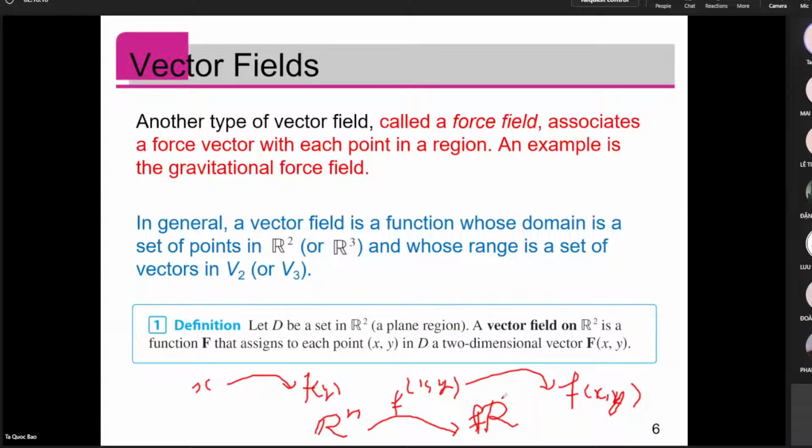However, for vector fields, we have a point (x, y) in R2, and then you get a vector F(x, y) in R2 or maybe in R3. Okay, so we call this a vector field. So it means that the function now is a vector function, right?